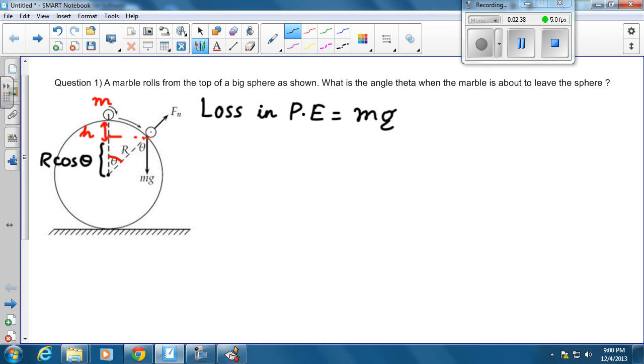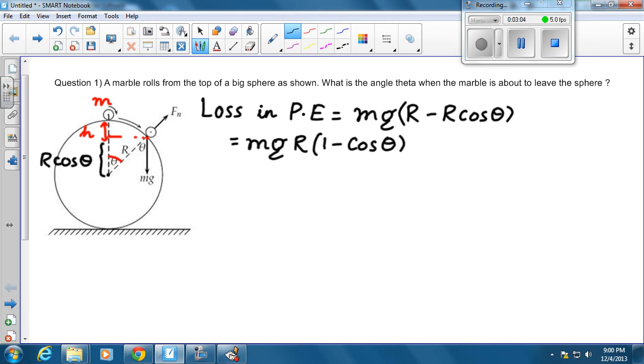The height is r minus r cos theta, and obviously this has to be in brackets because this is what we are calculating as the height. I would further simplify this as mgr times (1 minus cos theta). So that's the loss in the potential energy.